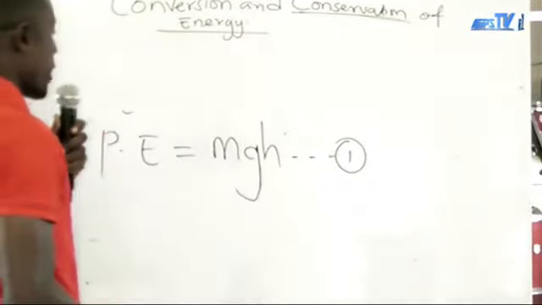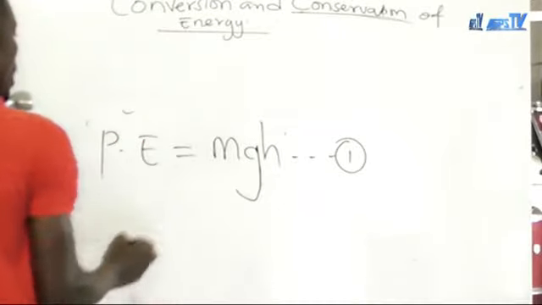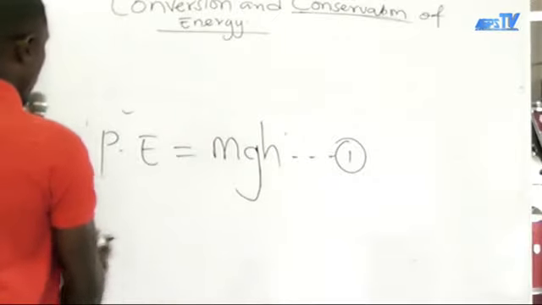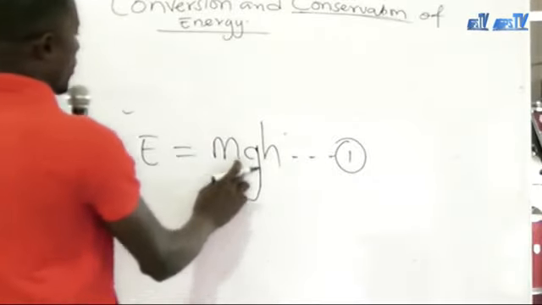If you are told to find the mass, you have to make M the subject. You can just make M the subject by dividing both sides by gravity and height.